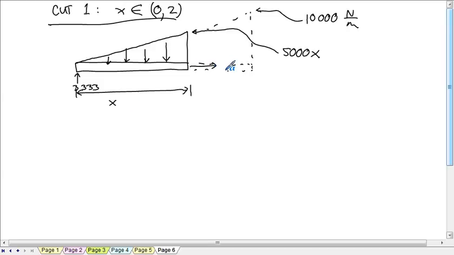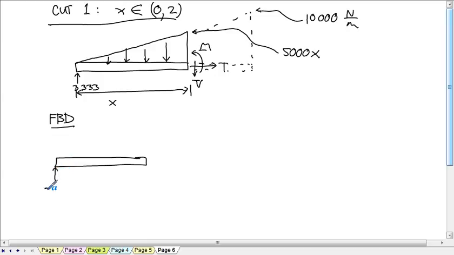Then we also have the tension, the shear force, and the bending moment. And now that we've chosen the body to isolate, now we can represent this distributed load as a point force. So we have 3,333. And we have a downward force. What's the area of this triangle?